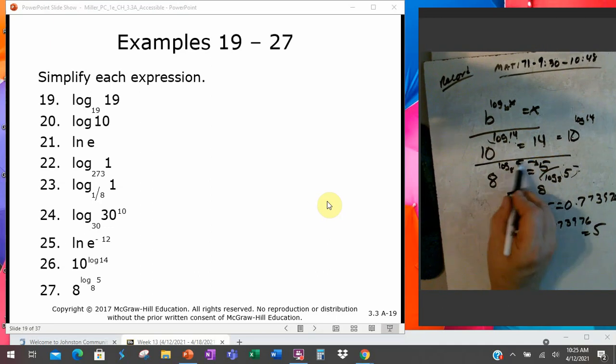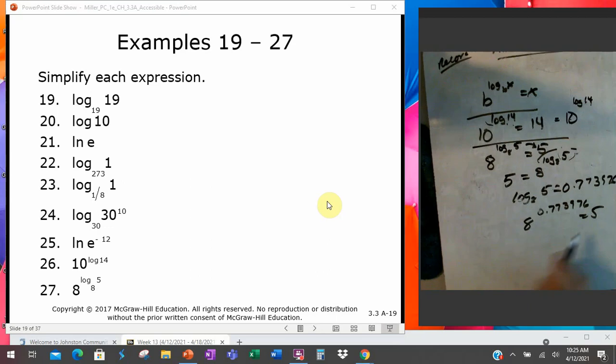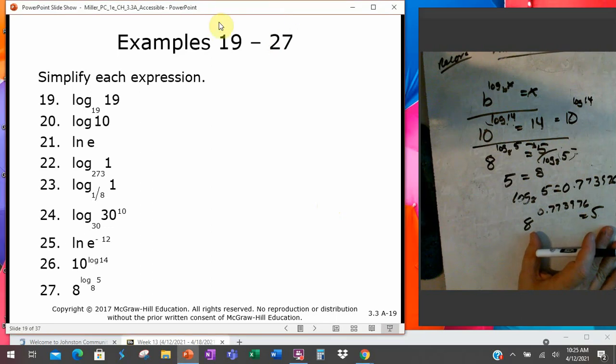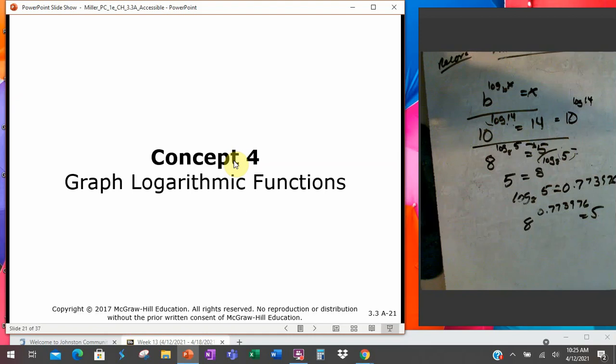But if I've got it in this form, and I'm asking what is that number, that's just equal to 5, because once I do the log, 8 to that log is just going to be 5. Okay. So calculation-wise, these things are on the calculator. That gives you the number.